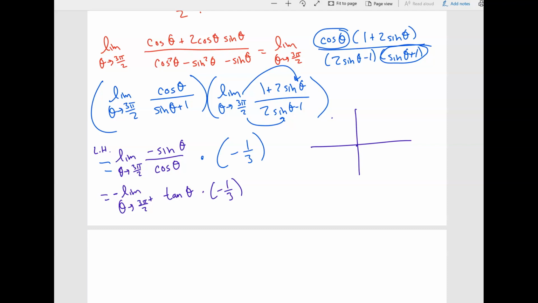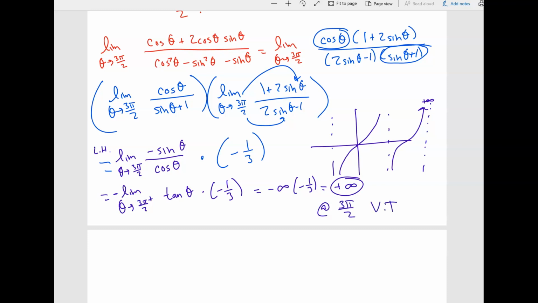If you think of what tangent looks like, tangent from negative pi over 2 to pi over 2 looks like this. So if I continue on to 3 pi over 2, you can see that this is going to infinity. So you're going to have negative infinity times negative 1/3, which gives positive infinity. Basically this means that at 3 pi over 2 you have a vertical tangent.